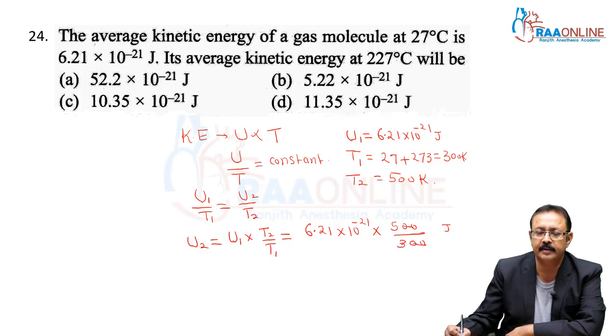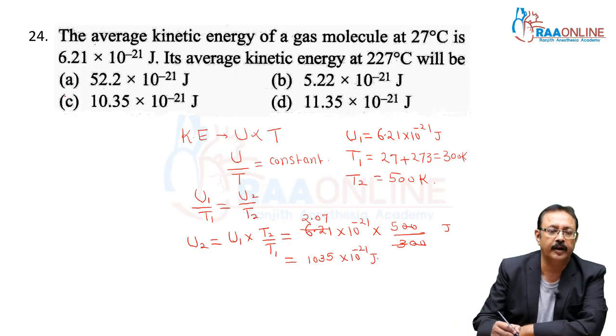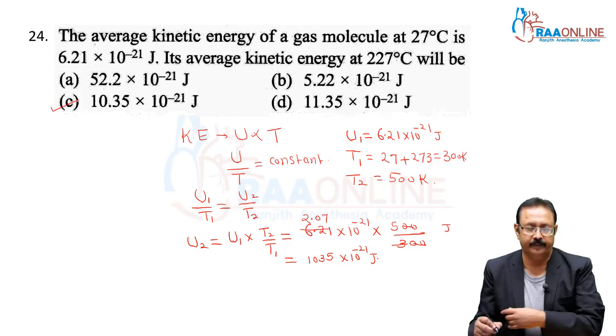Cancel this with this. 3 2s are 6, 3 7s are 21. 5 7s are 35, 5 2s are 10. So 10.35 into 10 to the power minus 21 joule. So we are going with option C.